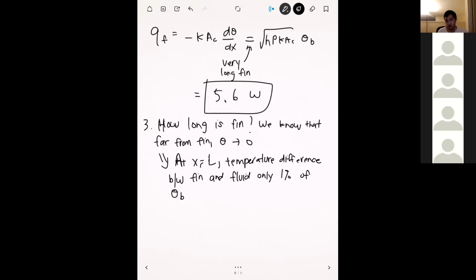And remember, the highest temperature difference that you'll have in a fin is at the base. So if we say that at x is equal to L, theta is 1% of that, we can say that theta of L is equal to 0.01 theta B, which is equal to theta B e to the minus m times L. And then from here, we can solve this equation for L.